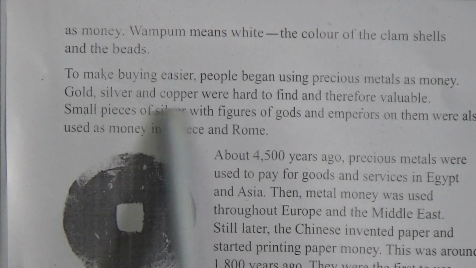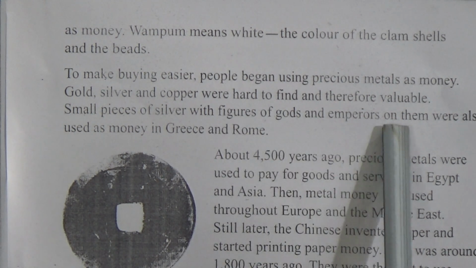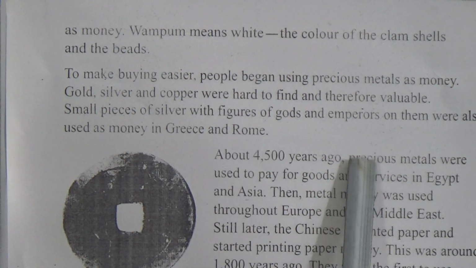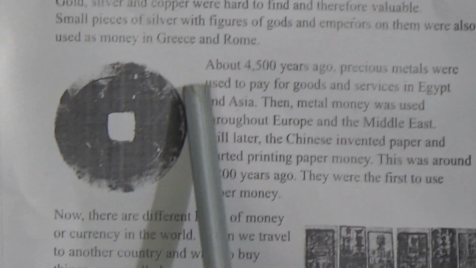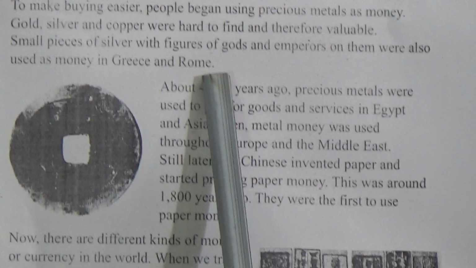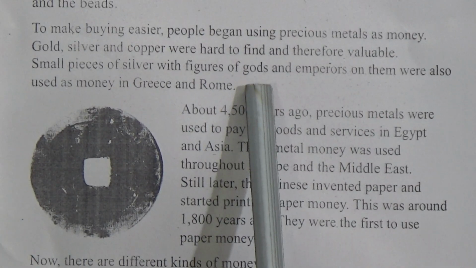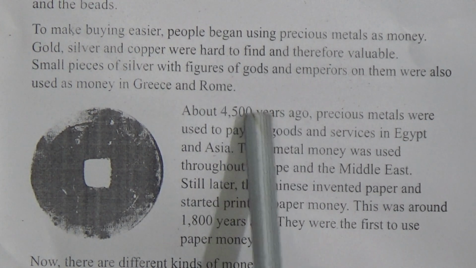And some pieces of silver with figures of gods or emperors on them were also used as money in Greece and Rome. Okay, so in Greece and Rome, they actually used some pieces of silver engraved with pictures or figures of gods or emperors.